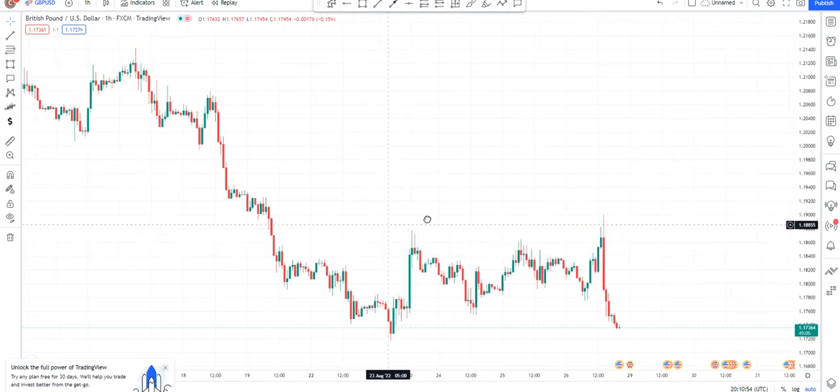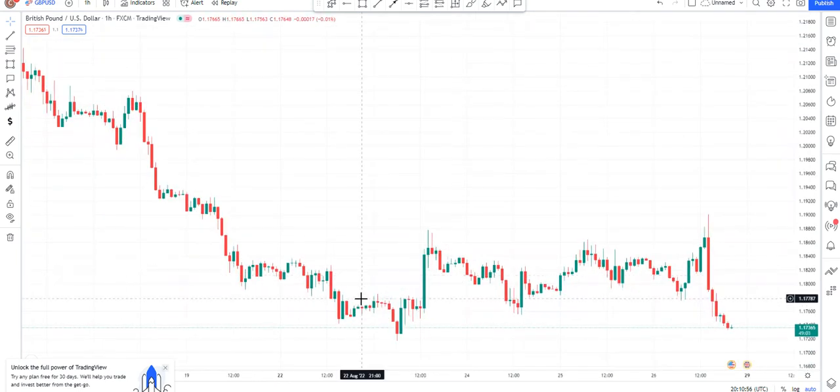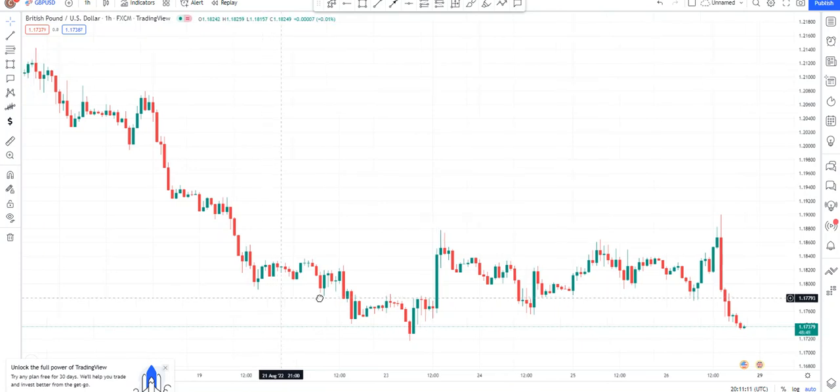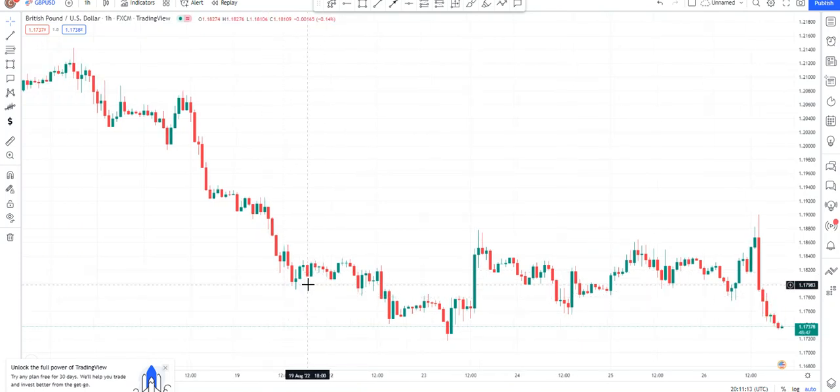Let me see if there's anything we can notice. The 22nd, the 19th. This thing has Sunday trading inside it.